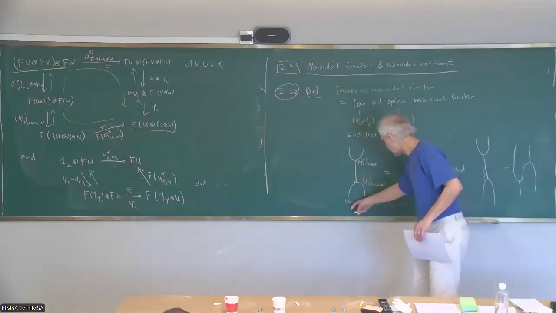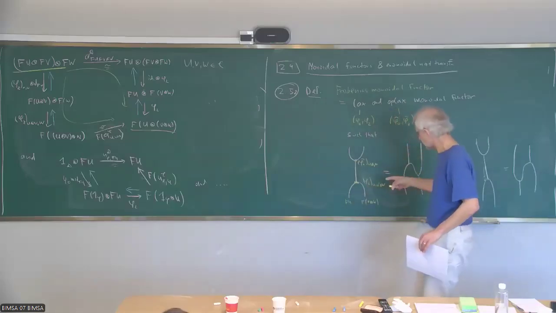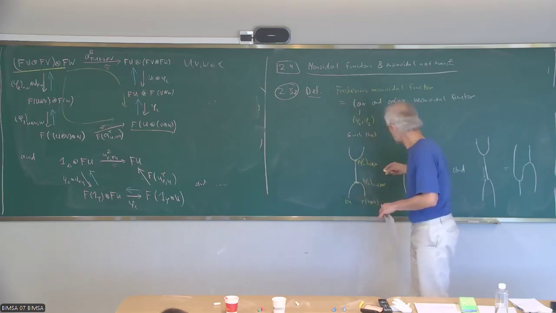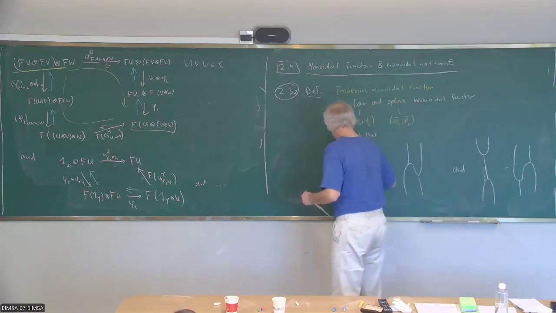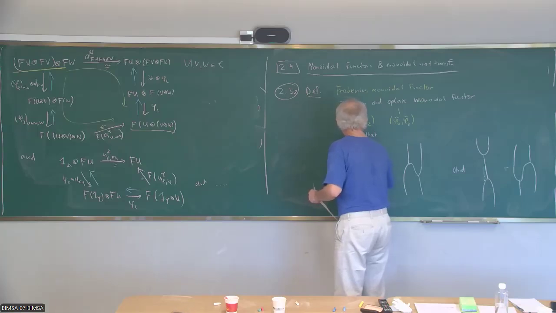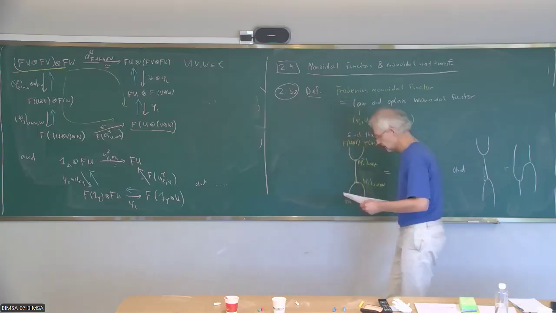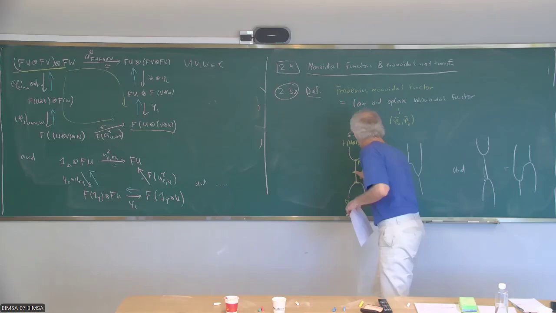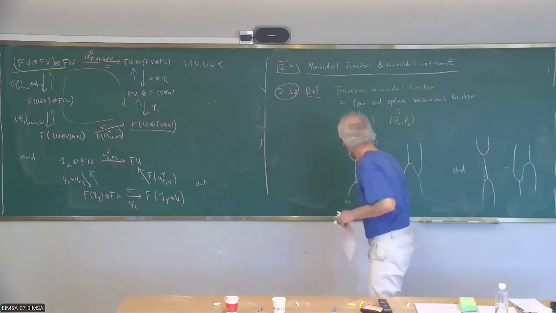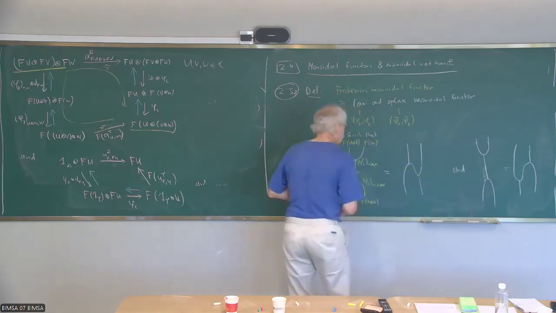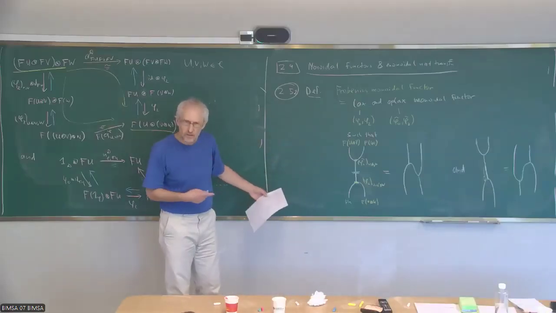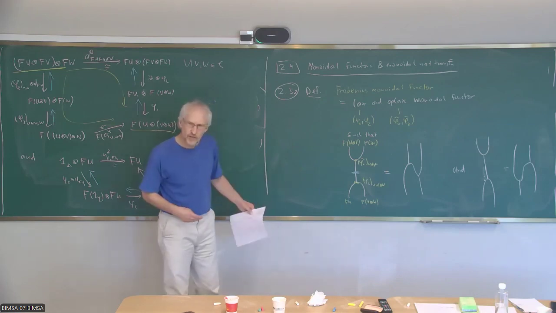So what does this go to? This goes to f of u tensor v tensor w, and here this goes from f of u tensor v tensor w to f of u tensor v tensor f of w. So actually here, in order for this to make sense, as a morphism in a strict category, everything is fine.